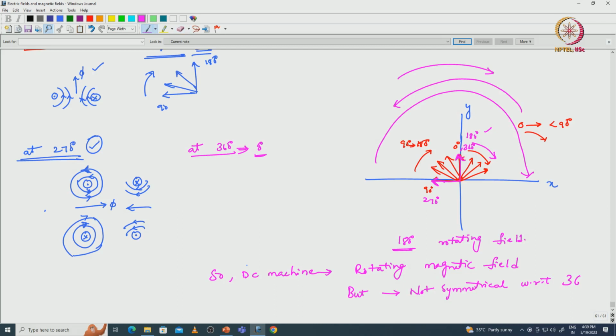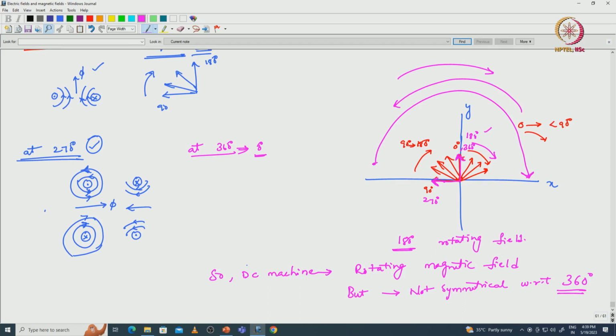We can call it a rotating magnetic field, but it is not symmetrical with respect to circular rotation. It is just varying from 90 degrees to 180 degrees, like 90 to 270, 270 to 90, or I can say 0 to 180 degree duration only, from this point to this point, and then again back to this point.